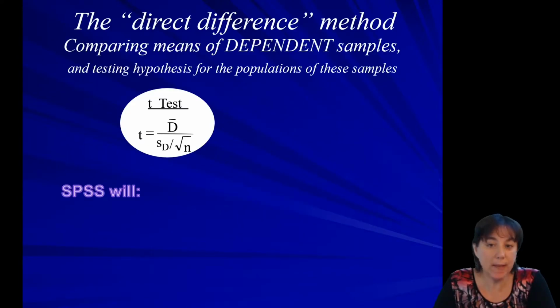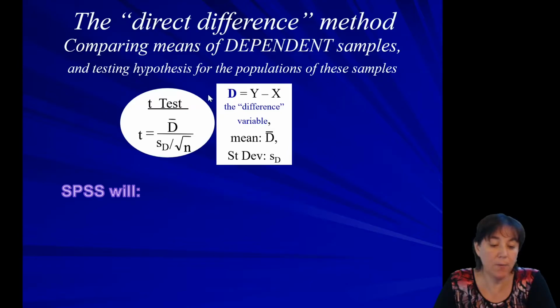Because in the t-test, we will have this mean of differences and the standard deviation of the differences, and we will use this very simple formula: the mean divided by the standard deviation of the difference scores divided by the square root of the number of elements.